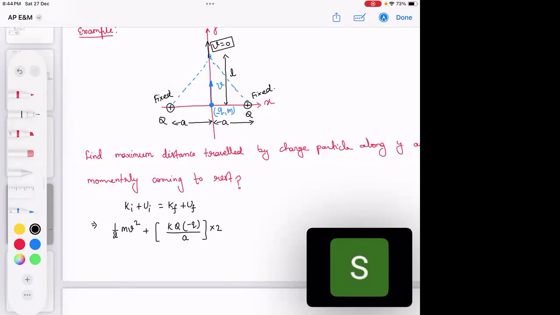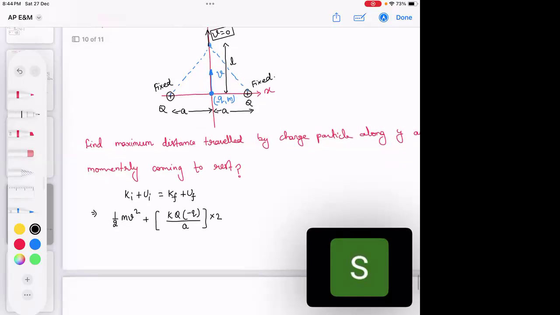Please check it and tell. Isn't it the potential energy between the negative x-axis charge and the minus q one, and between the other positive x-axis plus Q and the minus q another potential energy? So is the initial potential energy written correctly?